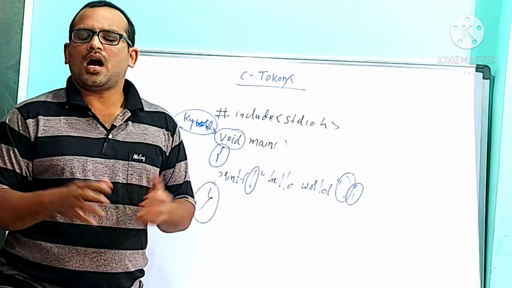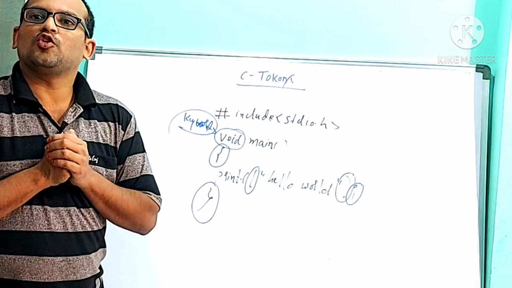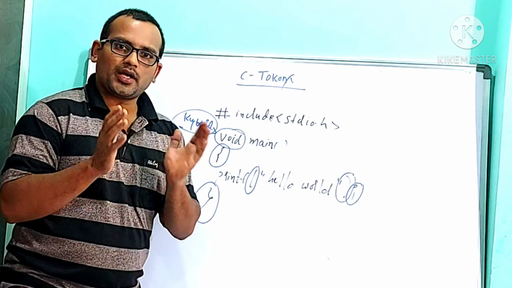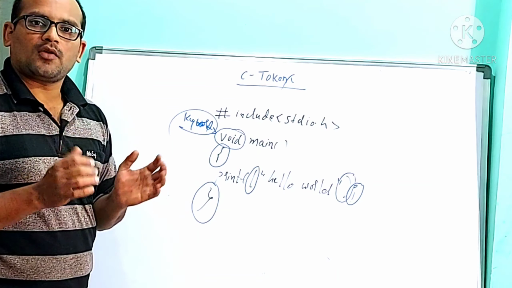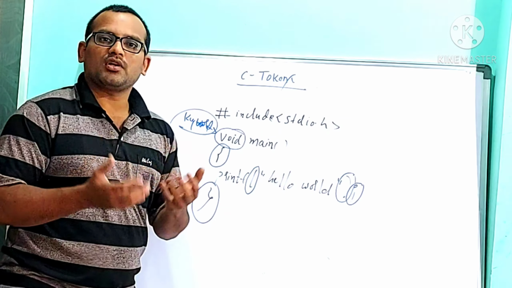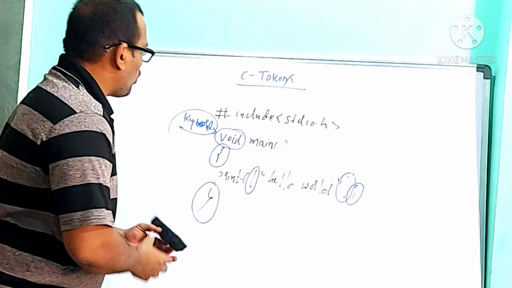Like that, the smallest part of a C program, an individual unit which has some meaning, is called the token. I think you understood the definition of token, right? Token is the smallest part of a C program, an individual unit of a C program which has some meaning.